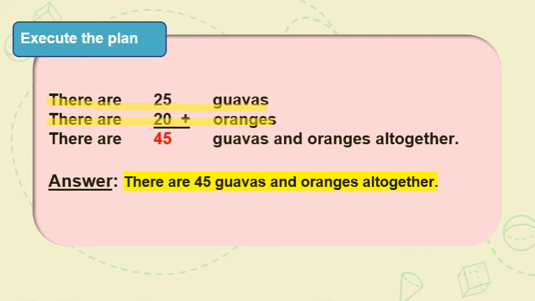Now we are going to use addition. 25 plus 20 is equal to 45. So it means that there are 45 guavas and oranges altogether. Yes, that's the answer.